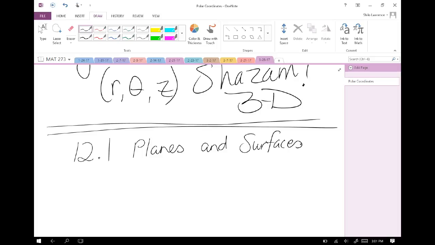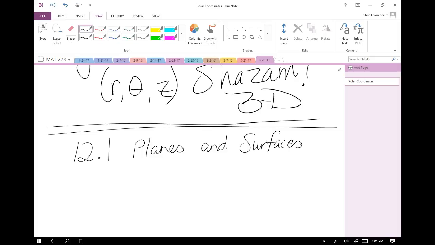The first type of surface that we see in 3 dimensions is the plane, and that's actually the first equation that we see that has all 3 variables, x, y, and z in it.